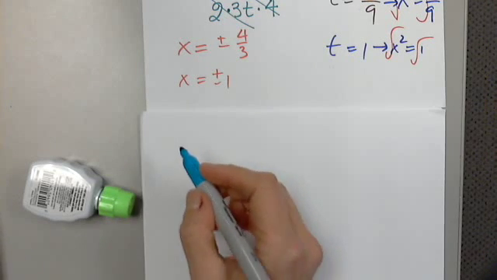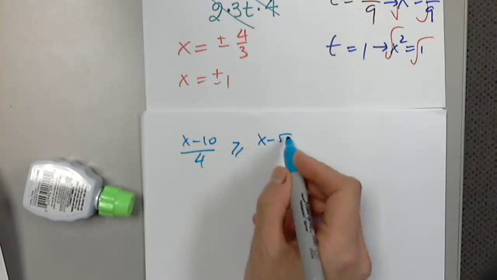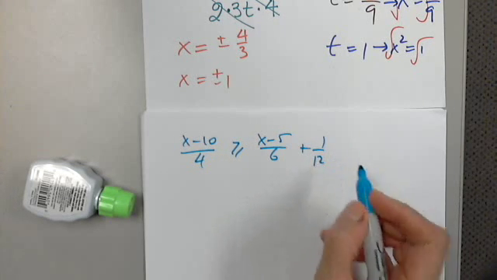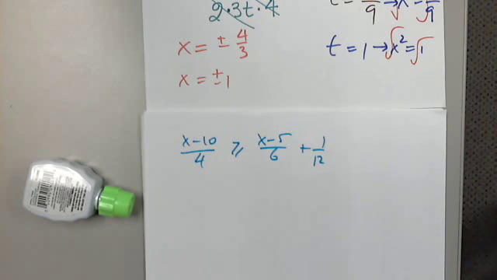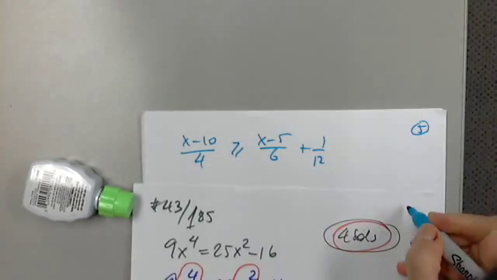Number 9 is (x minus 10) over 4 greater than or equal to (x minus 5) over 6 plus 1 over 12. I lost track of my count here. What was it? Great. What is this?